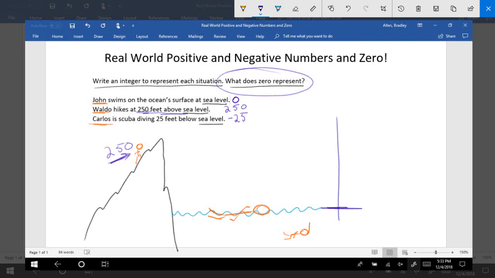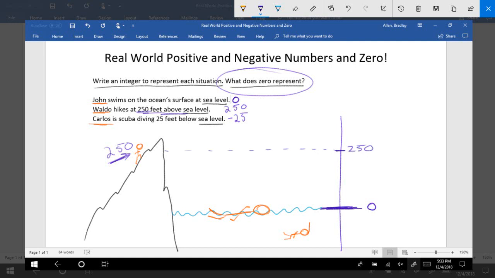So I could think of it like this, and this number line definitely won't be to scale, mind you, but I'm going to go for it. So if that's sea level and he's 250 feet above sea level, that makes sea level 0 down here, and that makes him positive 250 above it. That word above is really what tells us it's positive.